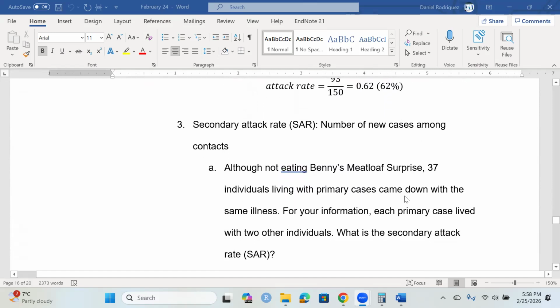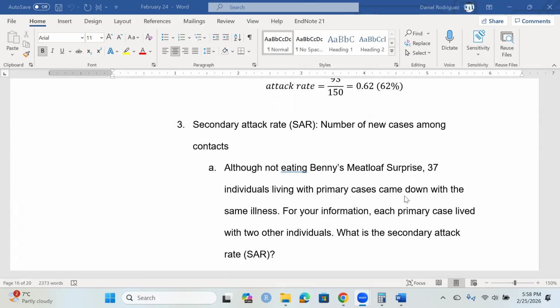Secondary attack rate: sometimes people who were afflicted with the condition expose other individuals to the condition, and then there's this propagation of the pathogen rather than there being a common source. Now it's propagated transmission.